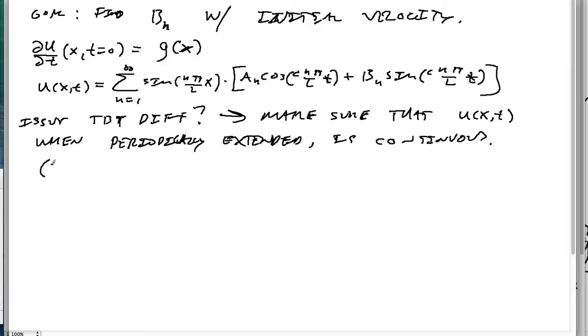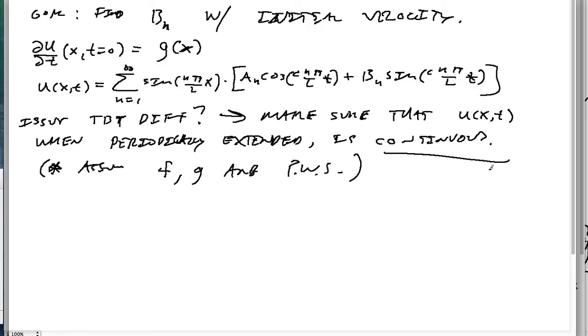We assume, I'll put that in an asterisk, assume that f and g are piecewise smooth. But do we have continuity of u? Certainly yes. We have continuity in x.